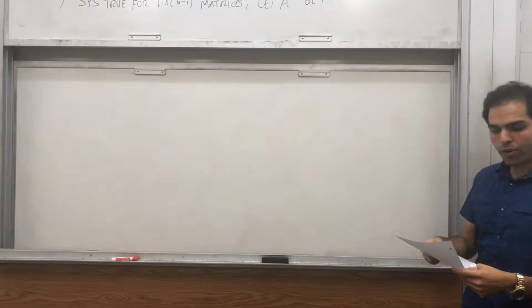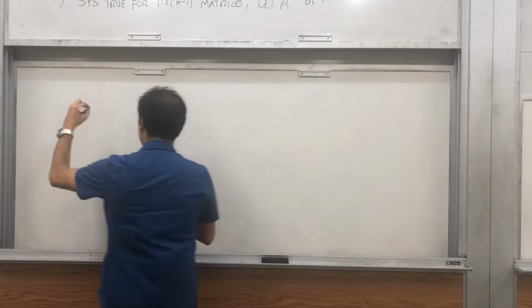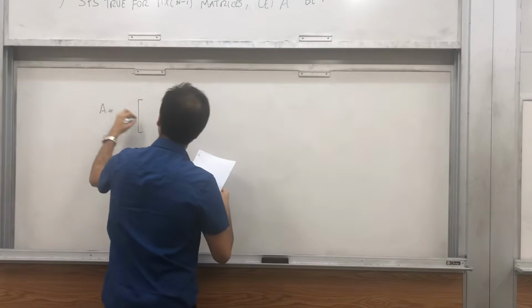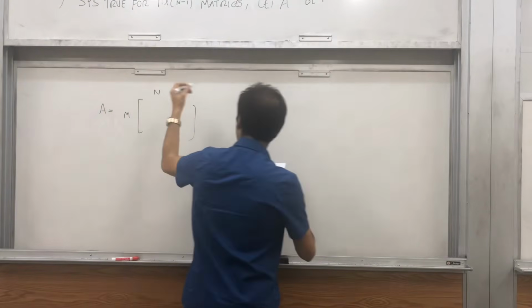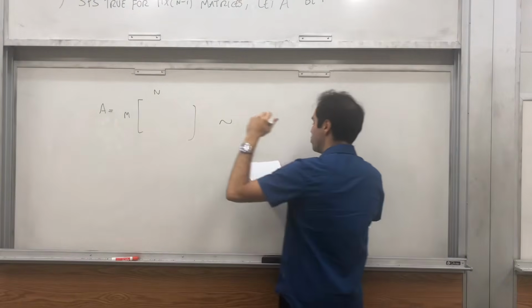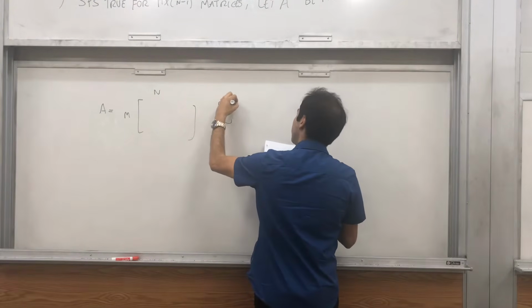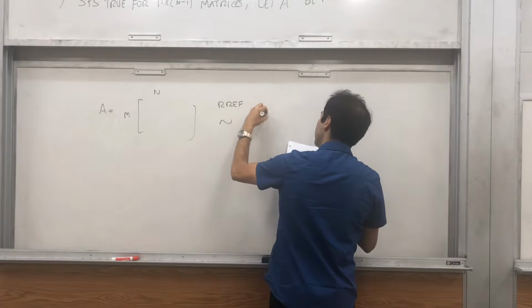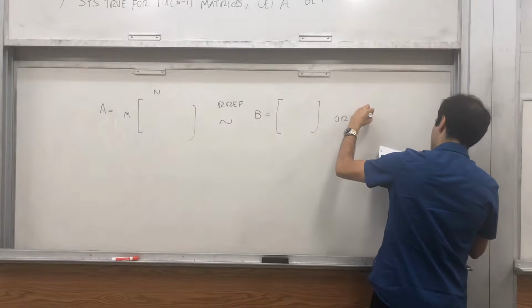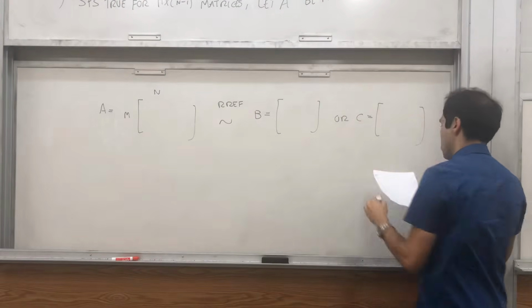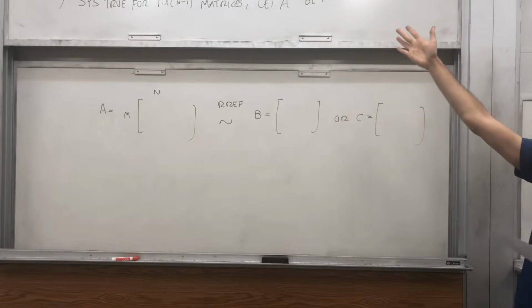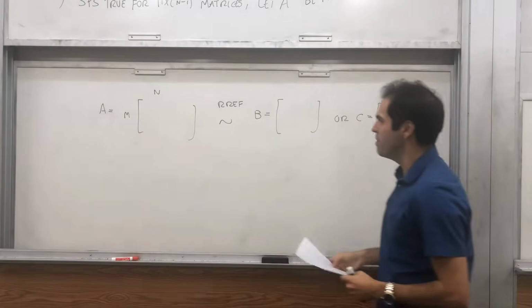All right, in other words, suppose you have an m by n matrix, and suppose it has two distinct reduced row echelon forms. Suppose you can reduce it either to B or C. But we know that it's true for m by n minus 1 matrices.